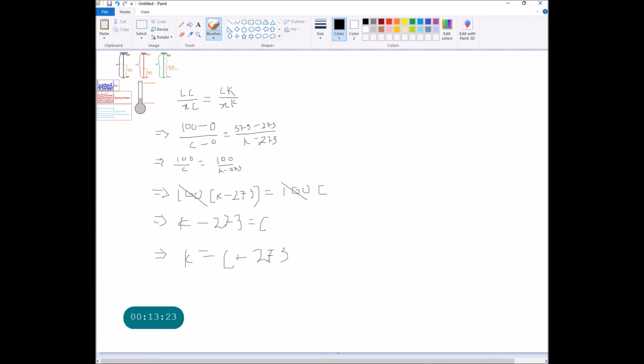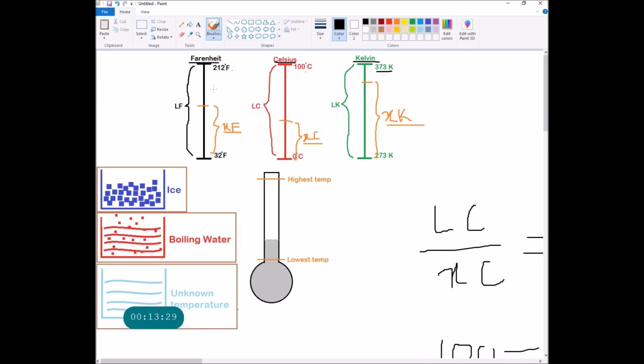Hence here we have derived all the three relations between the three scales of Fahrenheit, Celsius and Kelvin. Now if you want to make your own scale, you can use the same formula, that is L of the scale divided by X of the scale is equal to L of any other scale divided by X of any other scale.